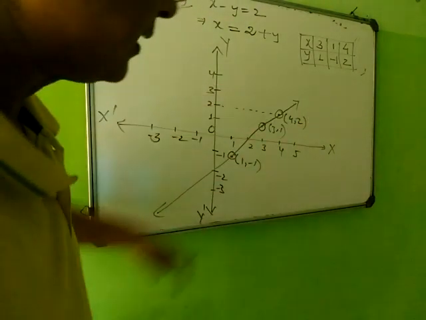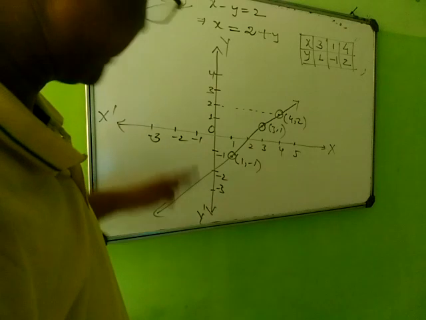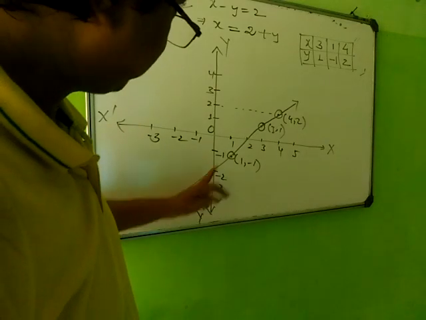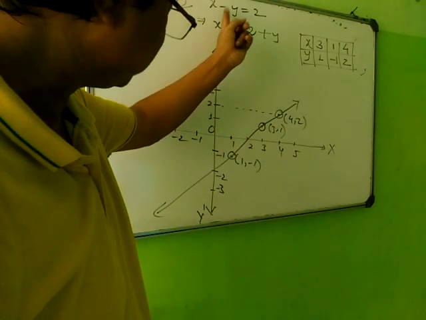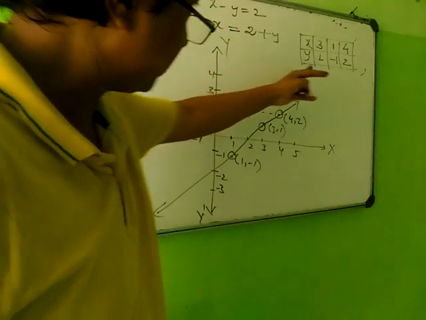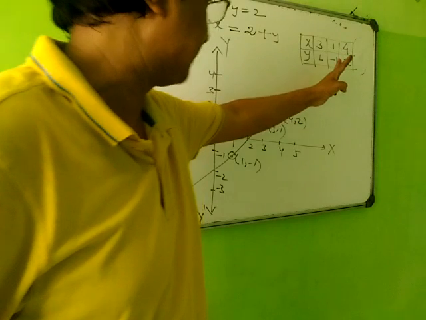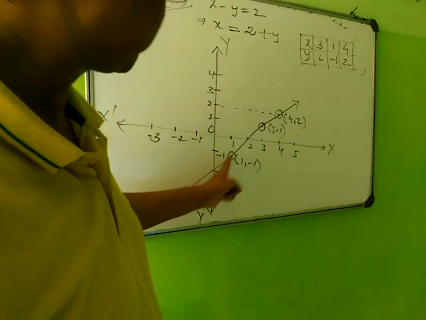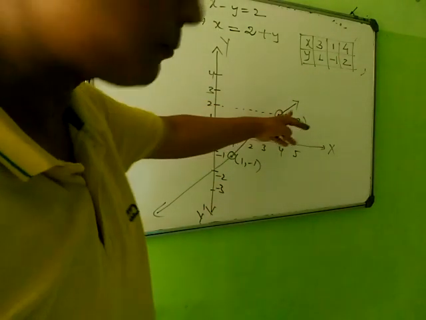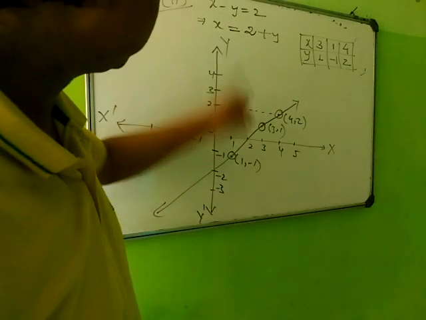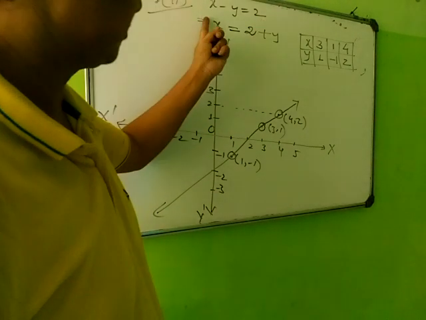So this is the required graph of the equation. Actually there are infinite points, but just you need to draw the graph of this equation. So that is why you have taken only 3 points. So maximum 3 points is needed. So by joining these points, you have got the required graph of this equation.